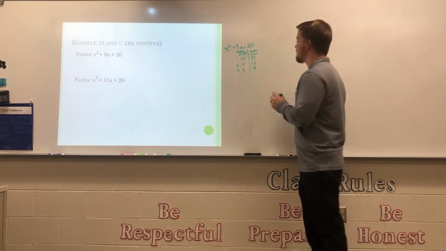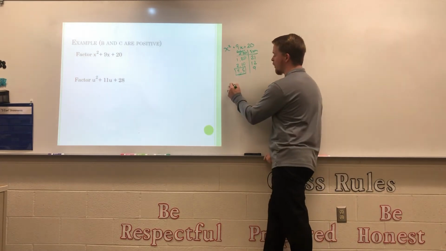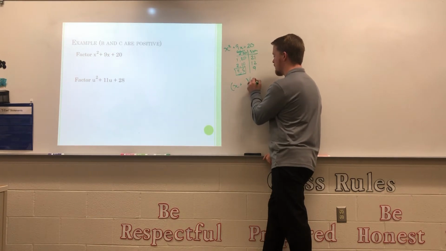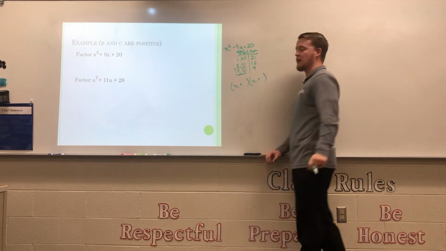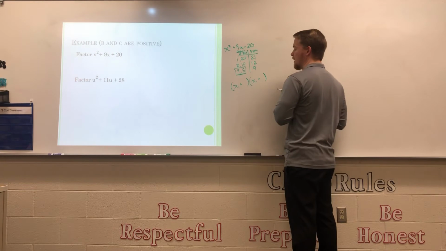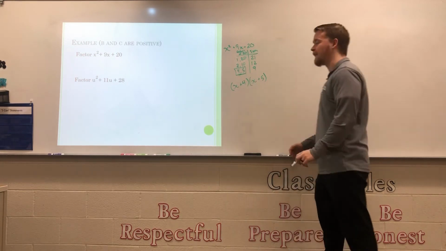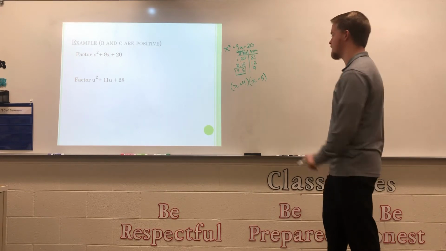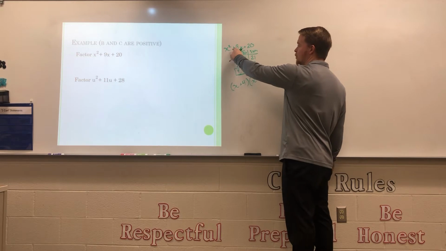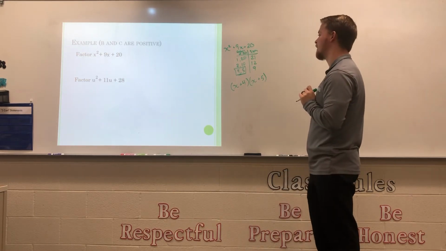So that means these will be the factors that I use, and they're going to be in this form: x plus, x plus. We're just plugging these numbers into this form. So my answer would be x plus 4 and x plus 5. That would be your final answer. If you were to FOIL this out, you would get this. So we just worked that backwards.